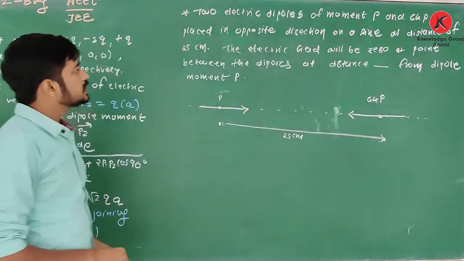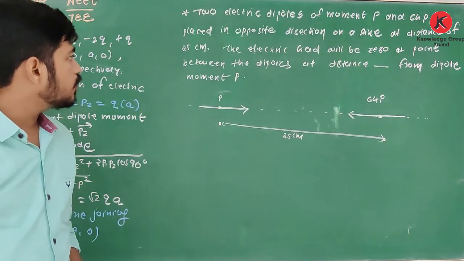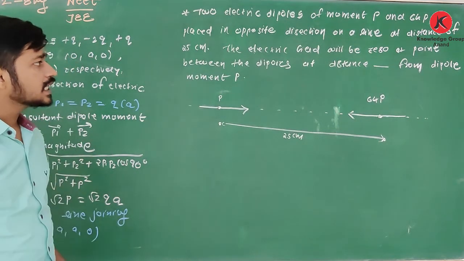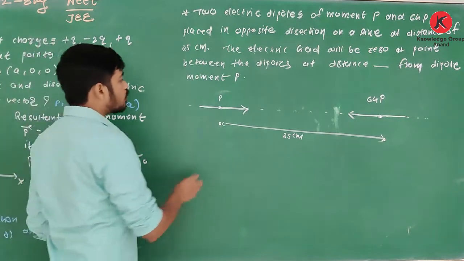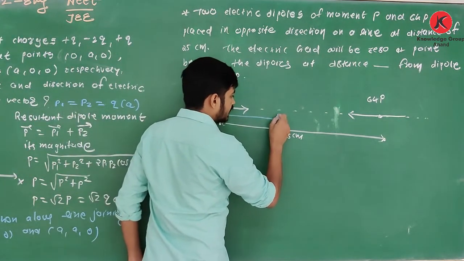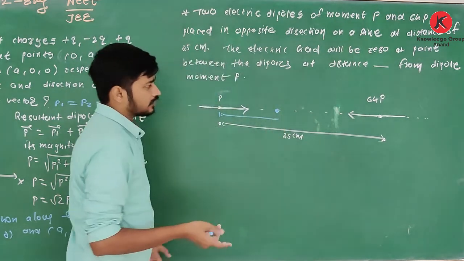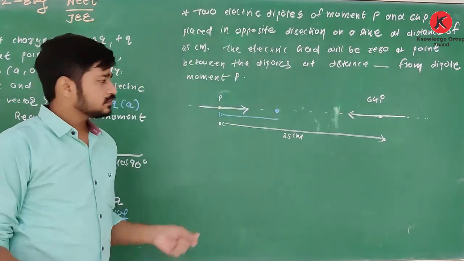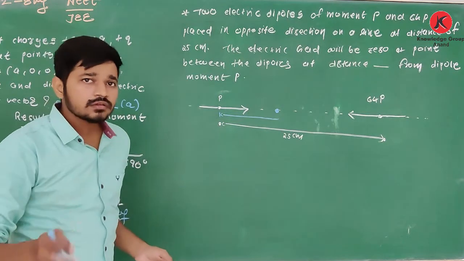So your question is, the electric field will be 0 at a point between the dipoles at a distance blank from the dipole of moment P. So yes, from this dipole, I am assuming at this point, not exactly at the midpoint, because these two dipoles have different magnitudes.